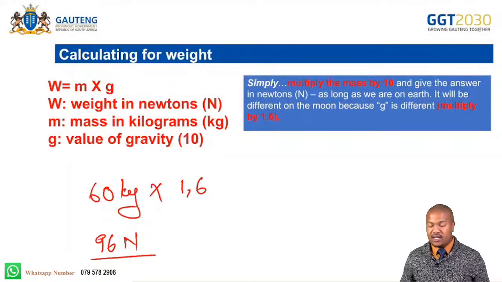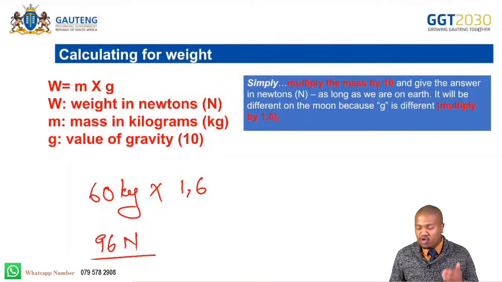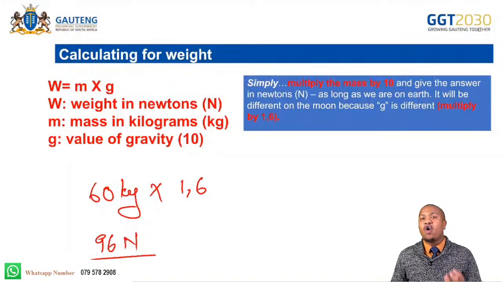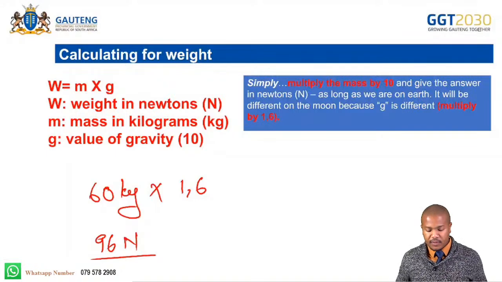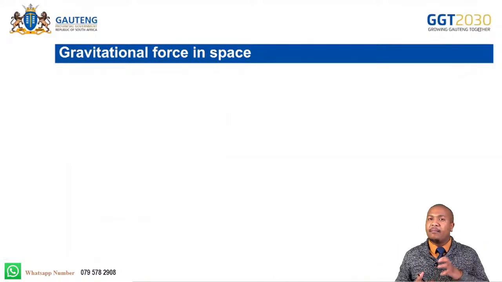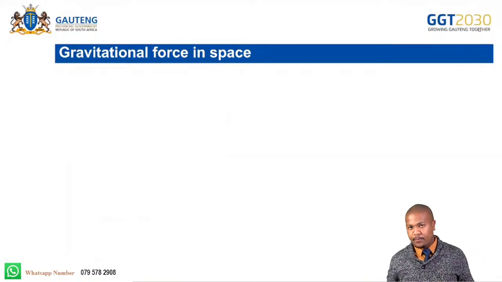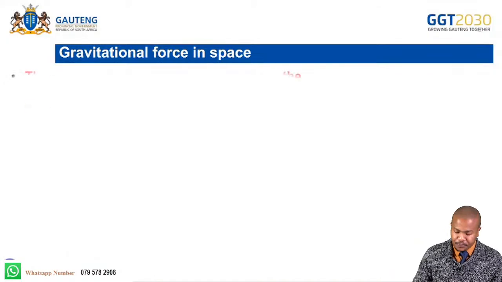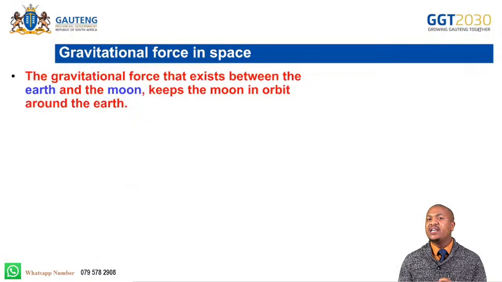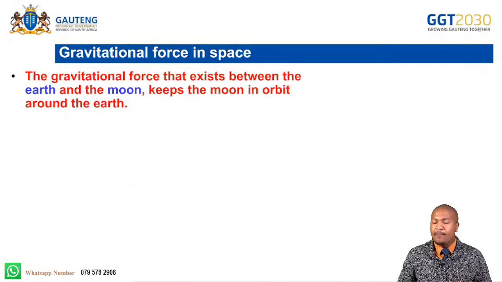Newtons, right? It gives us 96 newtons of force, and this is the weight of this person on the moon, right? So now I hope we can see the difference between mass and weight, right? So now we said that this gravitational force acts between the Earth and the moon, right?